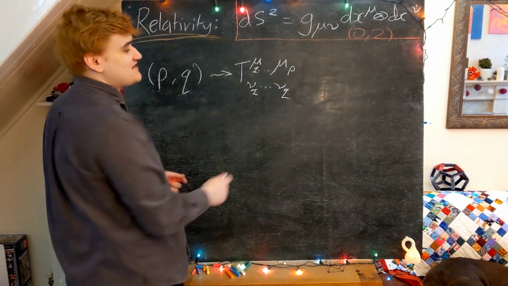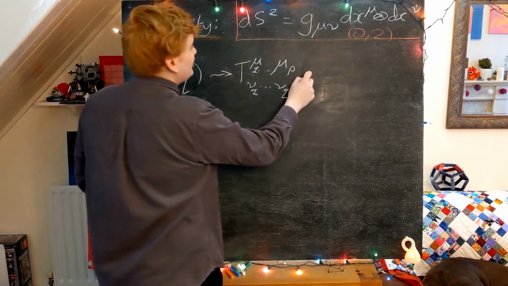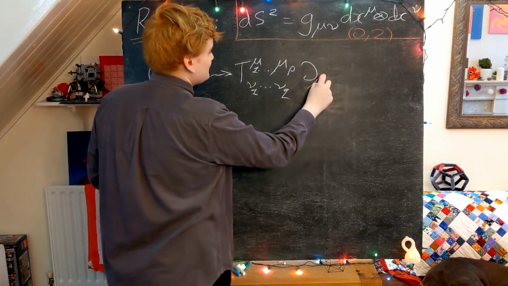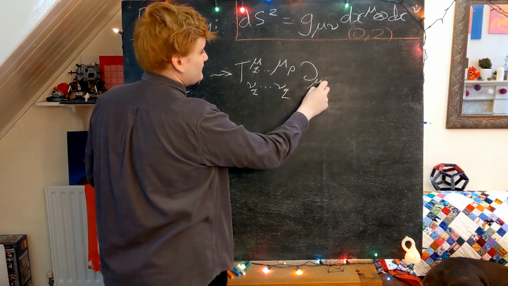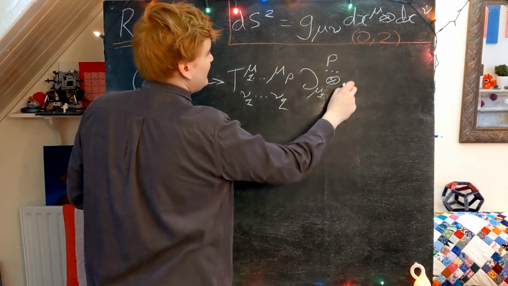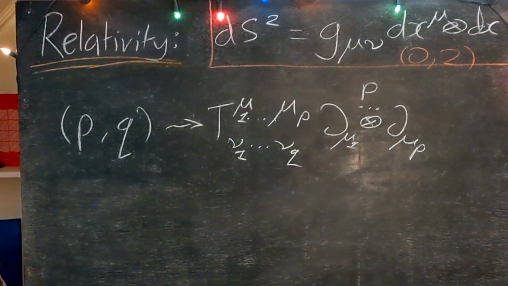So what this tensor is going to come with is P copies of a vector basis. So this is going to be u1 and then P lots of a tensor product up to mu p.